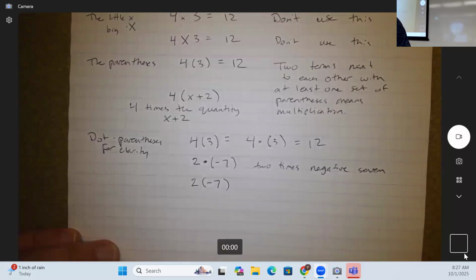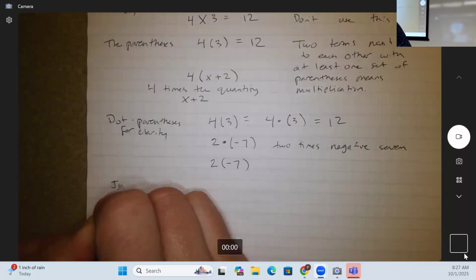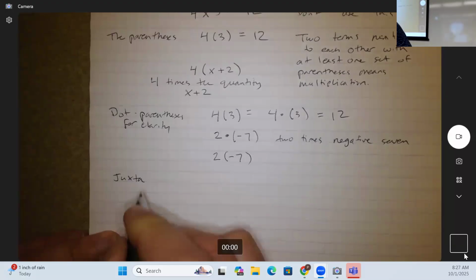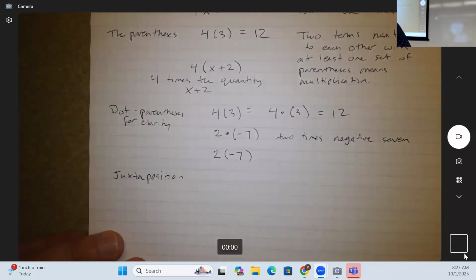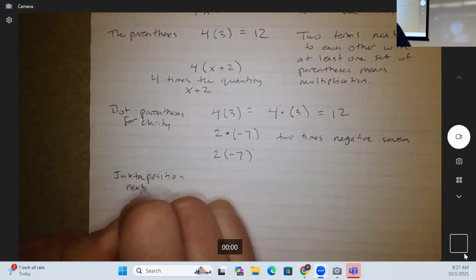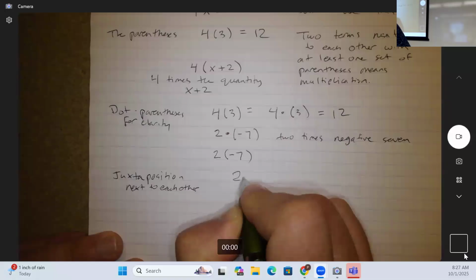And then there's the last one that's used mostly for variables. The word in English is juxtaposition, which is a fun word to say, but it just means next to each other. 2x.